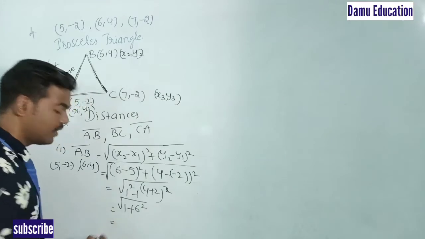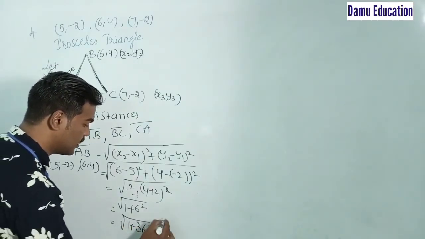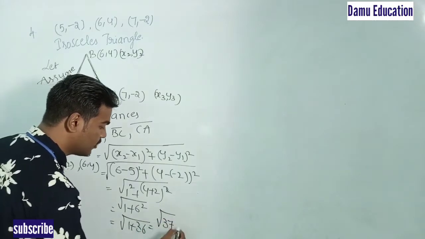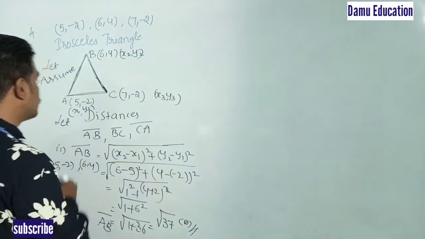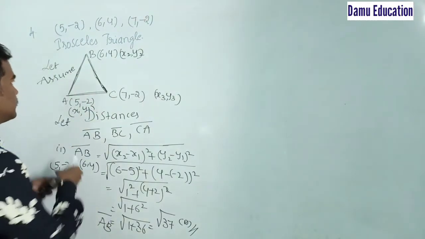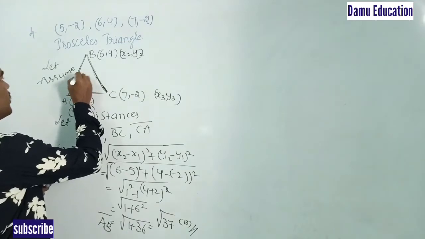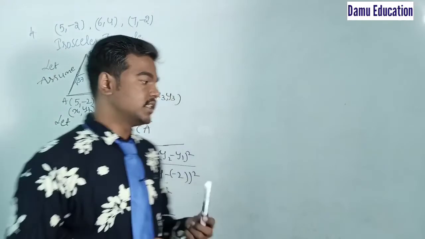So we get the square root of 1 plus 36, so we are getting square root of 37 centimeters. This is AB. So AB is the square root of 37.